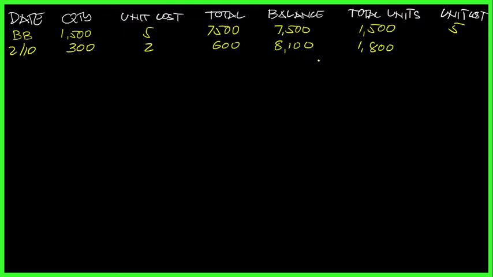Okay, pero tingnan natin mamaya. 8,100 divided by 1,800, you will get 4 point, where's my calculator? Parang 4.5 yan.